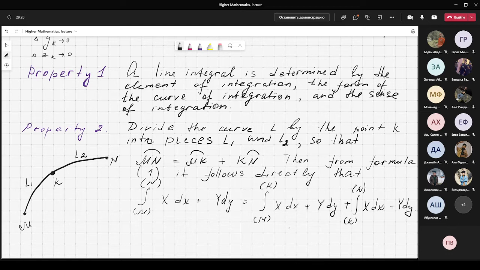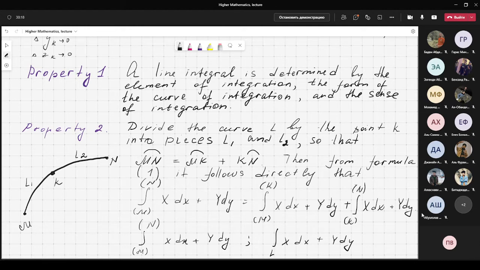Therefore, in the case of a closed curve, we cannot write the integral from M to N of X dx plus Y dy, but only the integral over L of X dx plus Y dy, and we have to indicate the direction of circulation, the sense of description over the closed curve L.